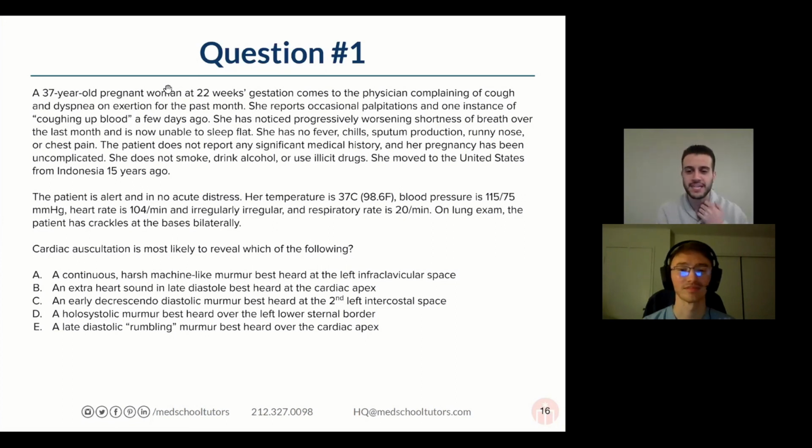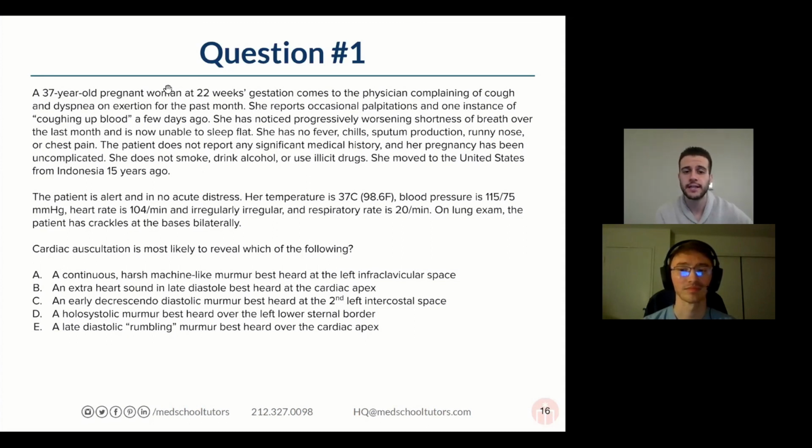Okay, so for B, I think we got S4, perfect. That's an S4 when you're hearing a late, extra heart sound. So S1 and S2, then you have S3 and you have S4. That's exactly it, think about pressure overload. Not consistent here either. That would be like longstanding chronic hypertension, which this patient does not have. And then that diastolic murmur, early decrescendo, think about aortic stenosis for that. That's the description for AS.